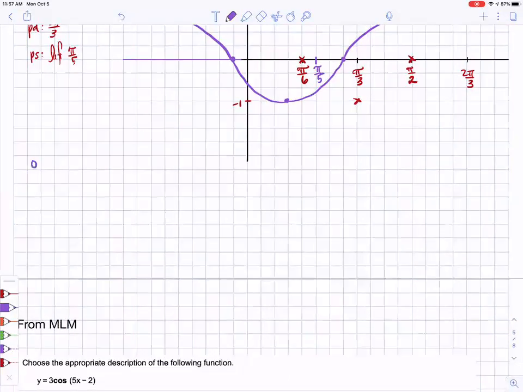So the first one was at 0. Where was the second one? Pi over 6. All right, somebody else. Where was my next one? Pi over 3. And then where was the fourth one? Pi over 2. Where was the last one? 2 pi over 3. There was my original 5 magics, right?